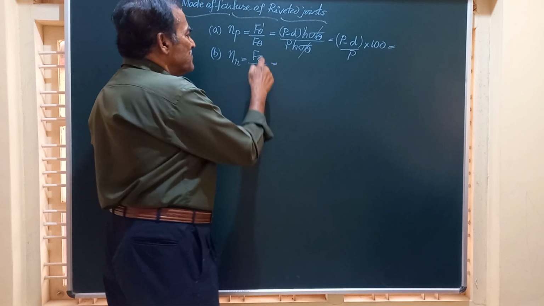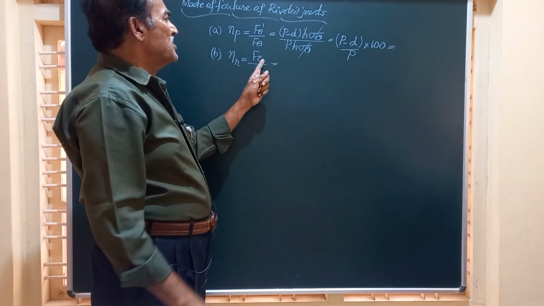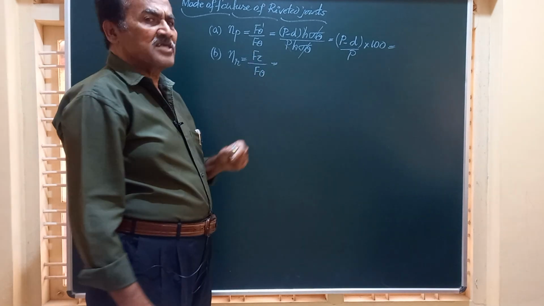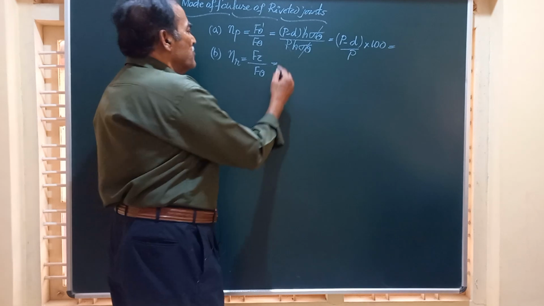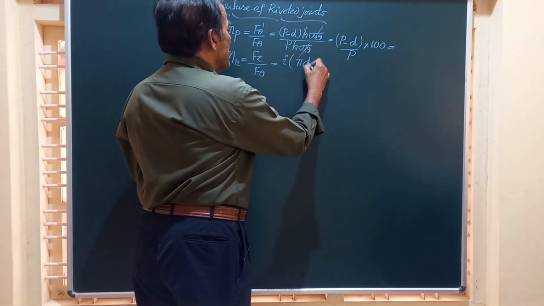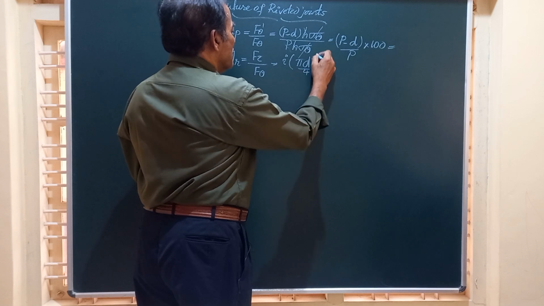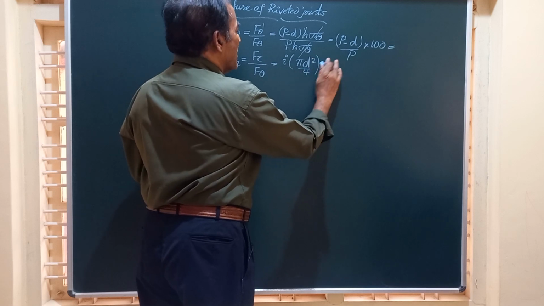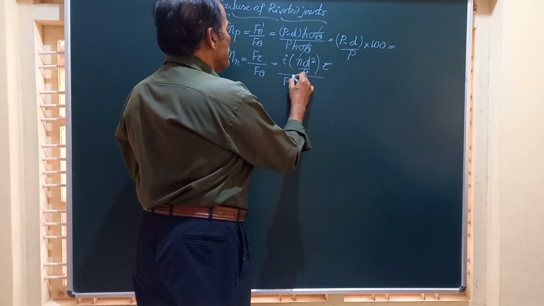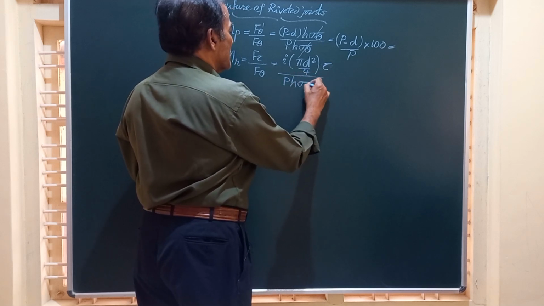See the ratio of these two, both are loads. One is the shear load, the other is the tensile load. What is F tau? Friends, if you refer to the handbook, it will be given by I into pi d square by 4 multiplied by tau, divided by the denominator, which is common, p h sigma theta.